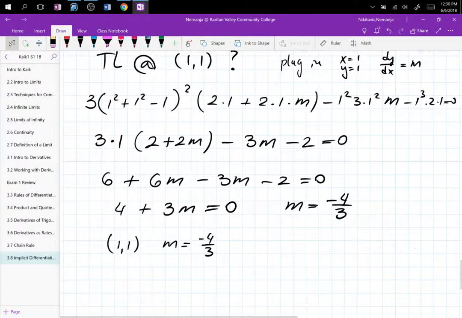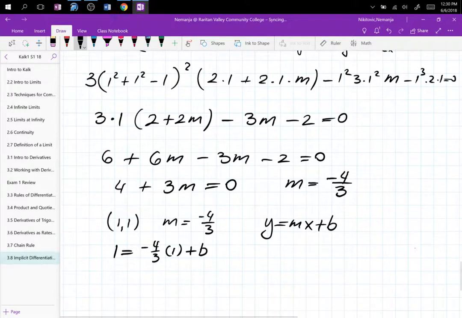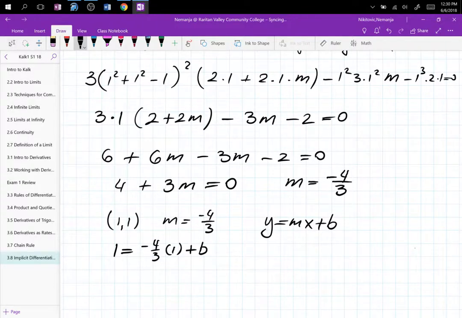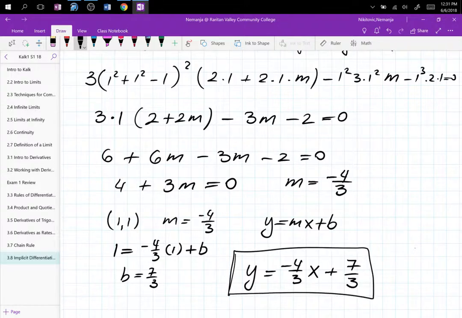I can quickly plug all of that into y equals mx plus b, or the other form, whatever. So 1 equals negative 4/3 times 1 plus b. And b becomes 7/3. So the tangent line is y equals negative 4/3 x plus 7/3. That's the tangent line.